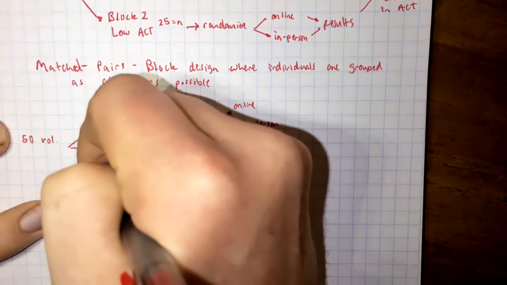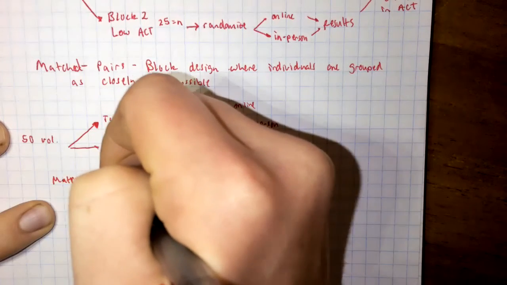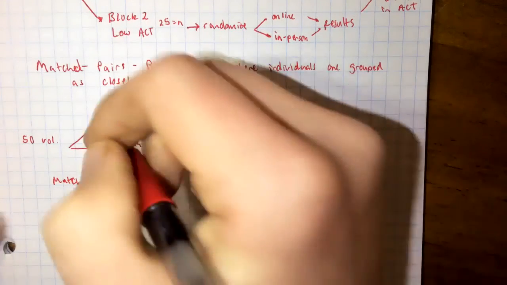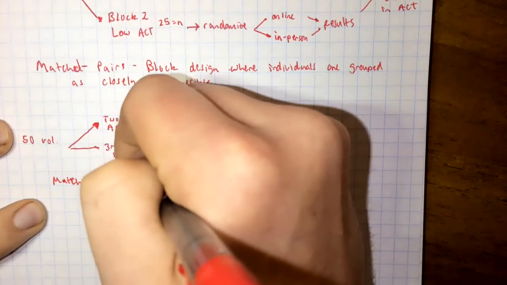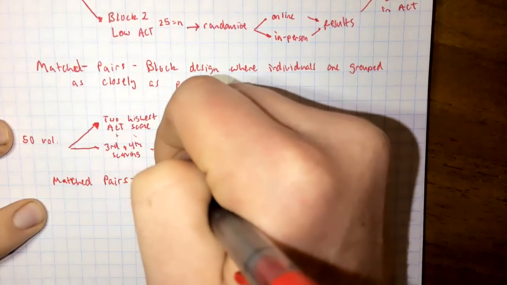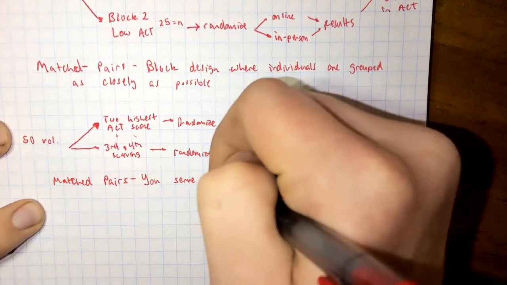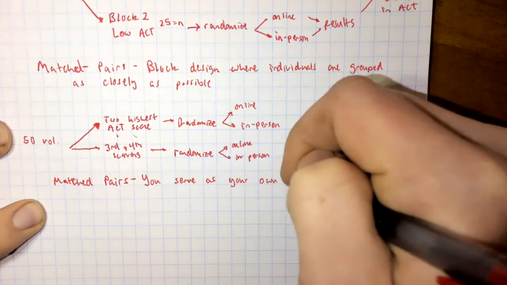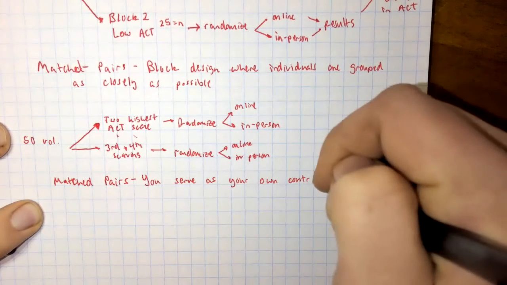So matched pairs, you're either paired together with your most common counterpart, or another type of matched pair design is when you serve as your own control. So you're not paired with somebody, but you get both treatments.